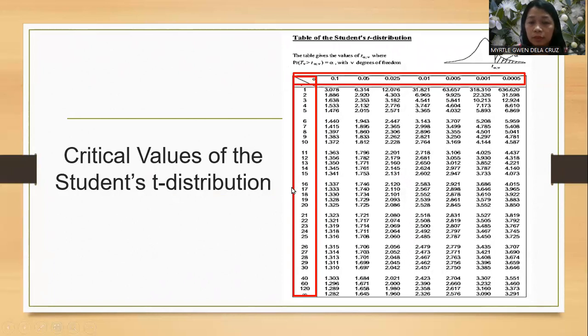Other books will use df instead of v. Here we have infinity, so you can actually use this table for degrees of freedom greater than 29. It means you can also use this for sample sizes larger than 30, but usually that would involve a z-test.